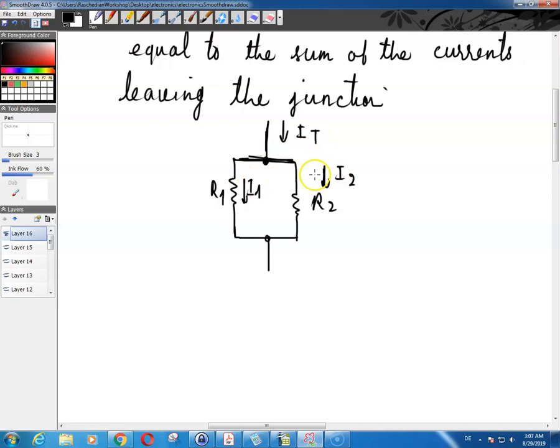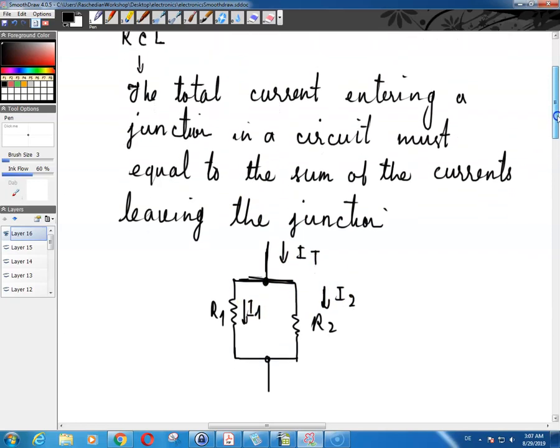Now what that means is that Kirchhoff's current law states that the total current, or I of t, entering a junction in a circuit must equal the sum of the currents leaving the junction.